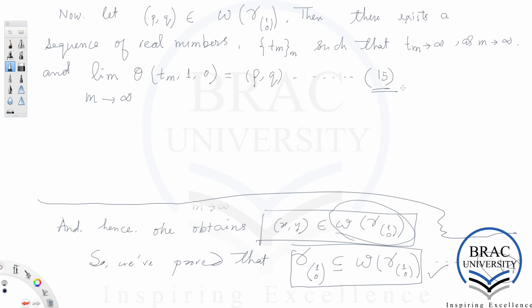Okay, but note that since theta Tm of (1, 0) is equal to cosine Tm, sine Tm, as we have seen earlier, for all m in the set of natural numbers, the norm of this vector is going to be 1.